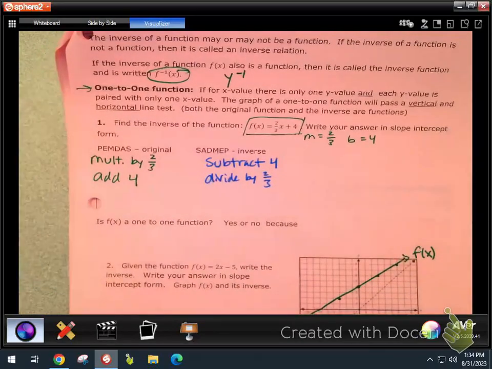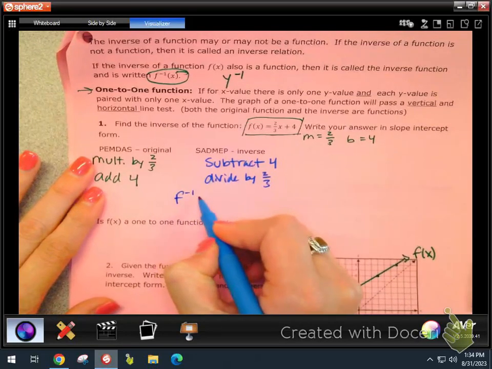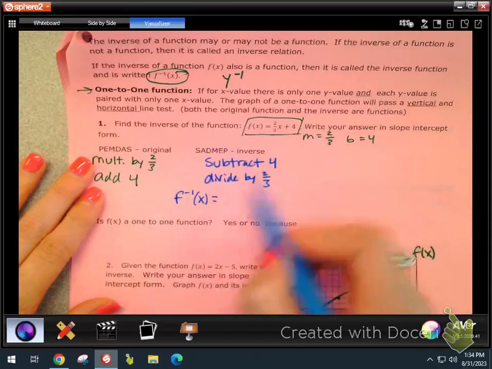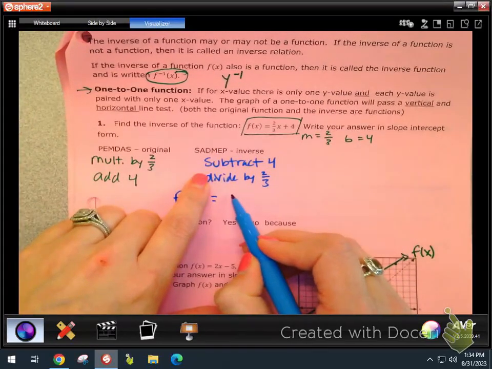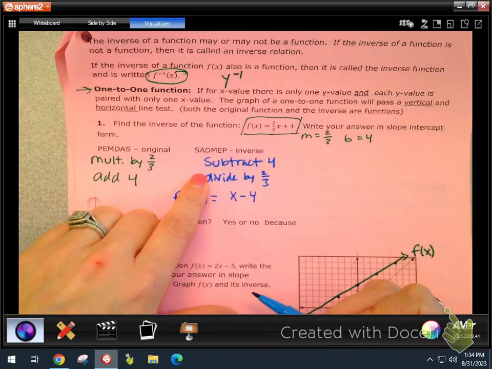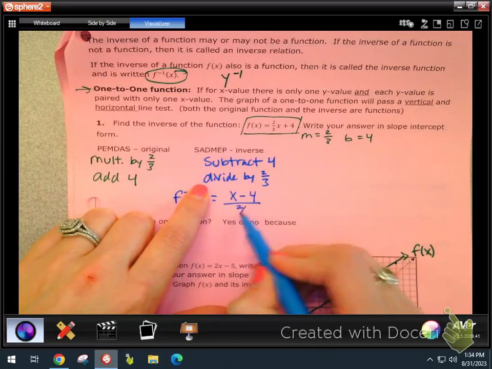So how I would write that for my inverse, let's do f inverse x. I'm going to write it kind of an ugly way, and then we're going to clean it up. Okay, I need my inverse to x's will subtract 4, so x minus 4. And then that whole thing is going to be divided by 2 over 3.